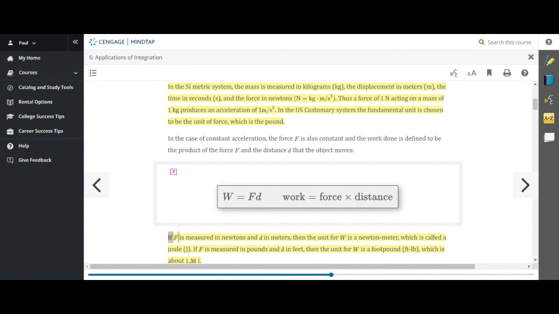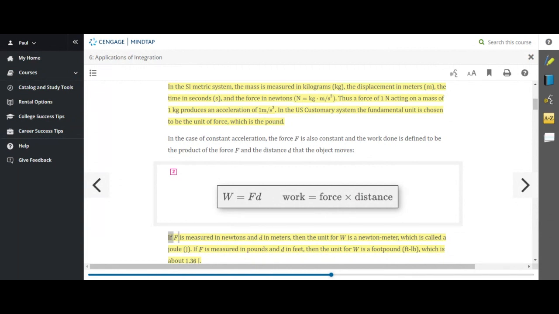Again, we look at the units. If force is measured in newtons and distance is in meters, then the unit for work is the newton meter, also called the joule. However, if force is measured in pounds and distance in feet, then the unit for work is called the foot pound. So two different units of work.